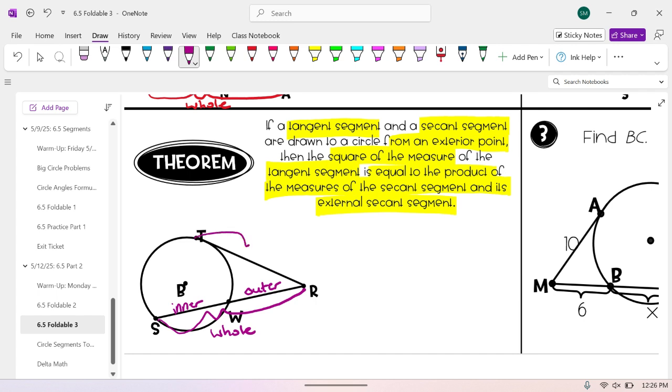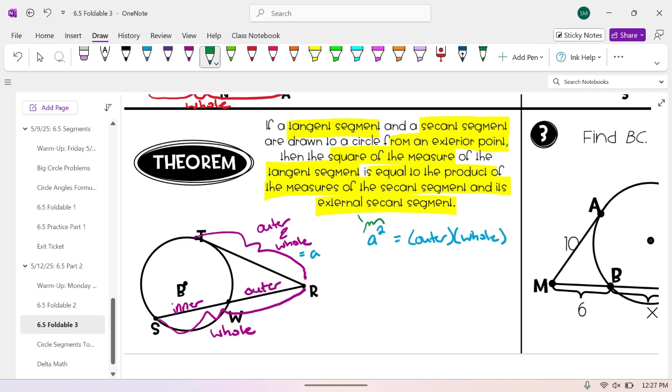So in reality, the entirety of the tangent segment is the outer and the whole, and we'll just call that A. What I'm saying is that A squared, which is the entirety of the tangent, is equal to outer times the whole, which is your secant.